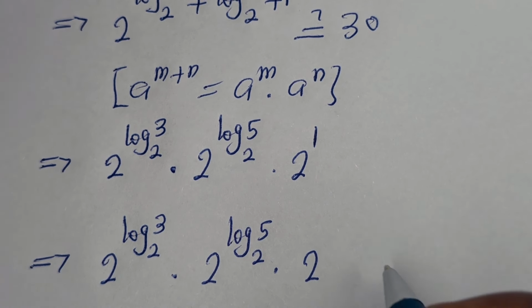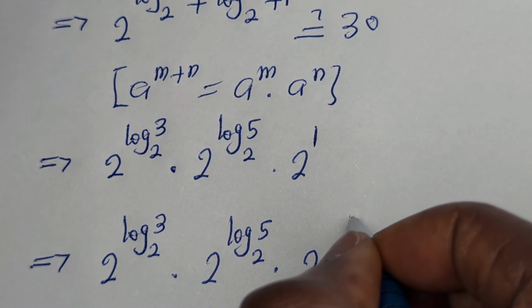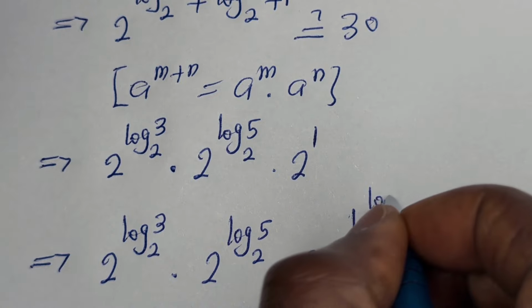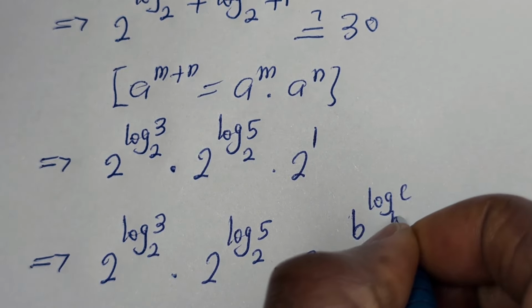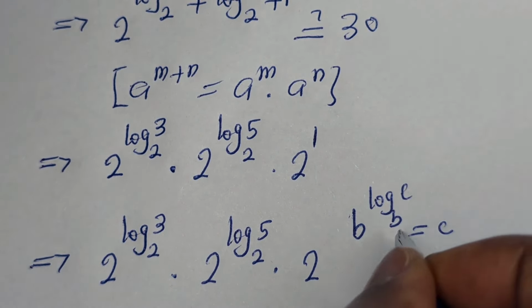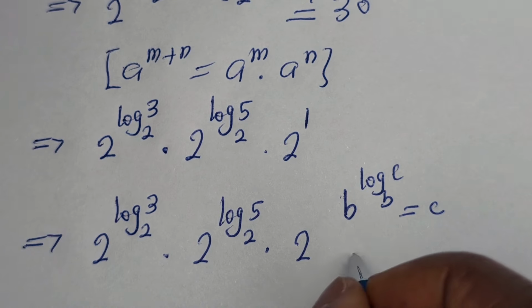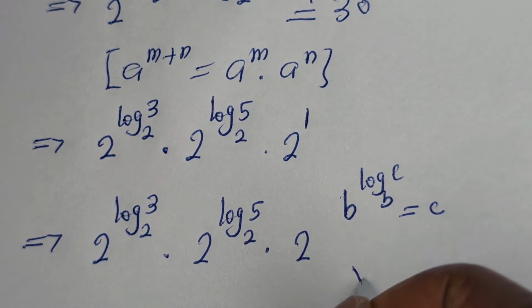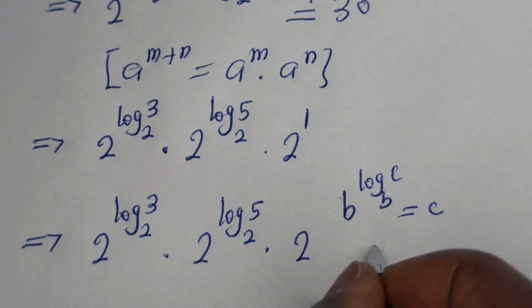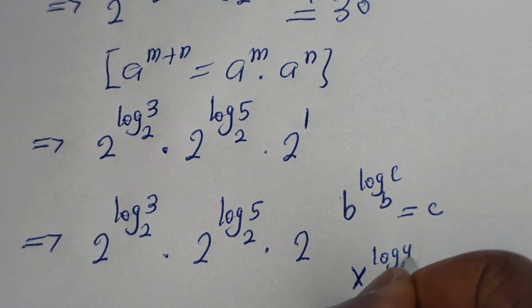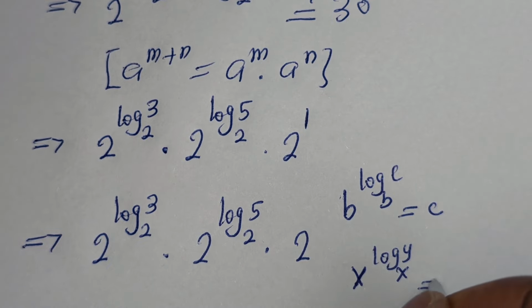If you have b raised to power log c base b, this is equal to c. And if you have a raised to power log y base a, this is equal to y.